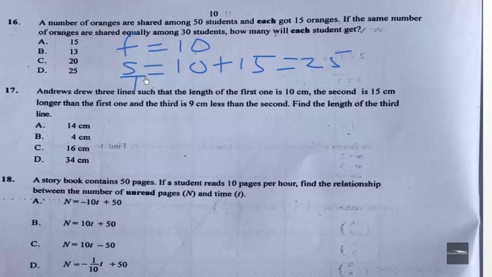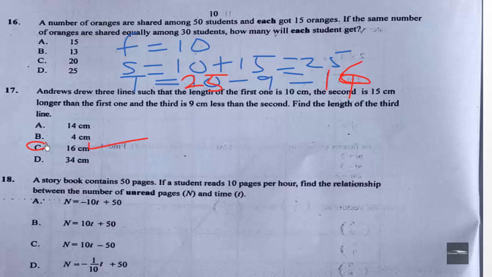Then the third one is 9 centimeters less than the second one, so that will be 25 minus 9, and that will give us 16 centimeters.